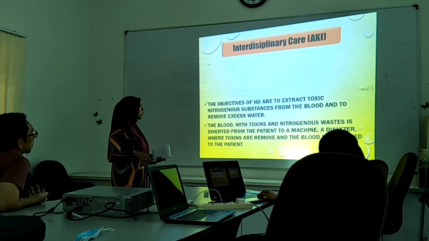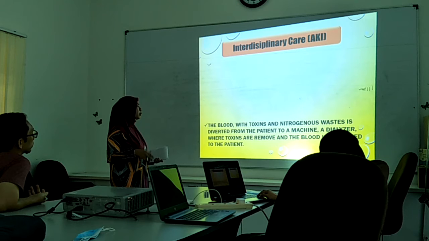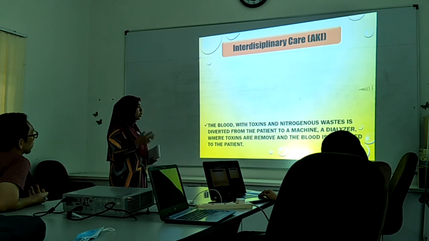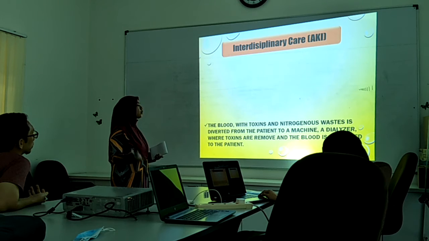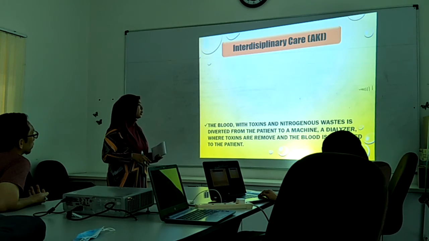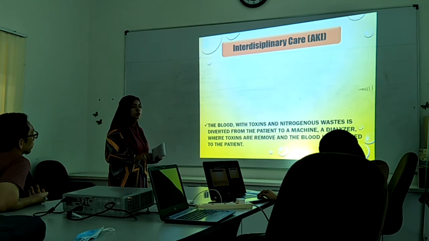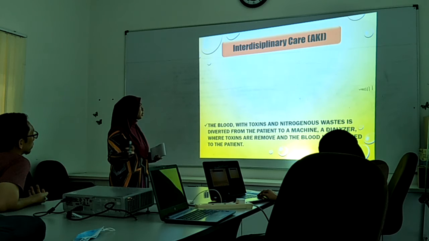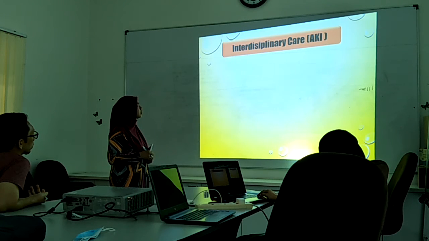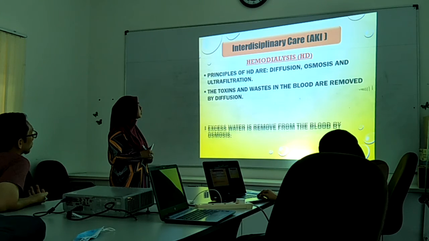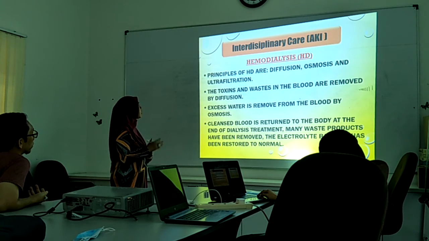The blood with toxins and nitrogenous waste is diverted from the patient to a machine. All the waste is diverted to the machine and a dialyzer where toxins are removed and the blood is returned to the patient. All the cleansed blood is returned to the patient for use in the body.